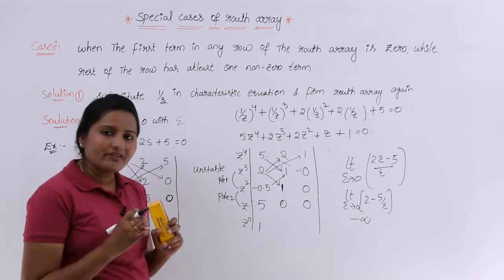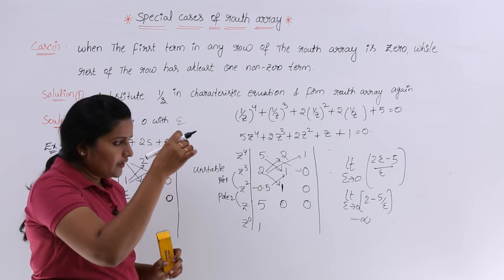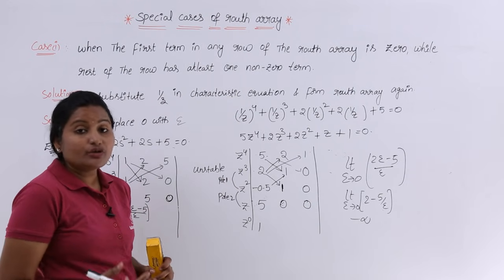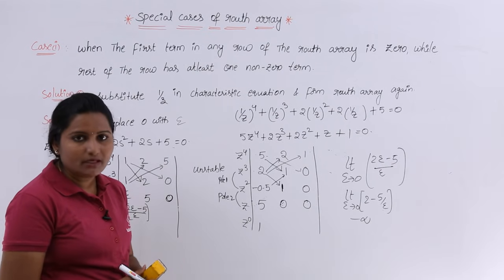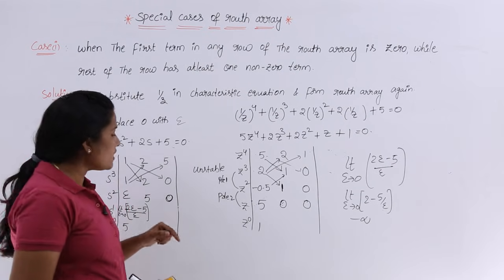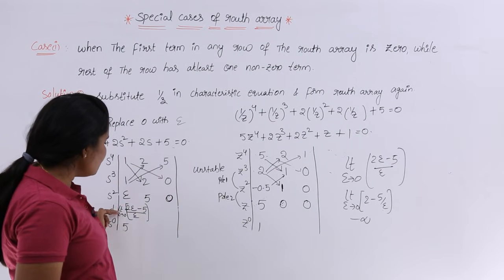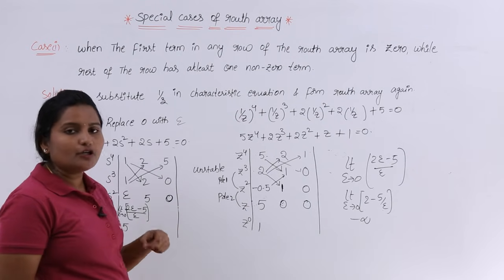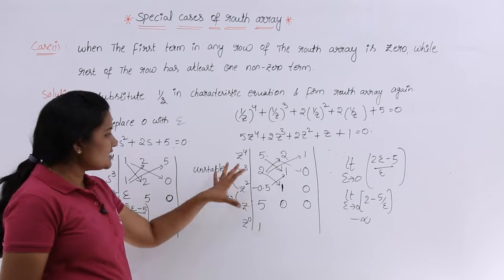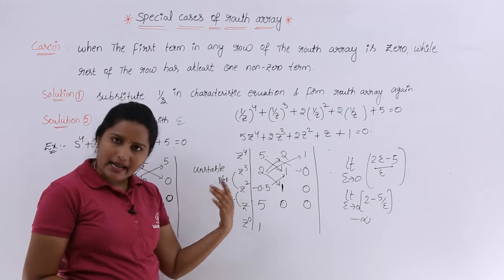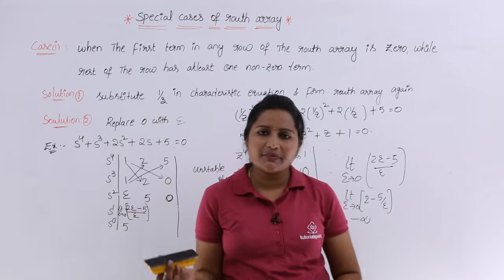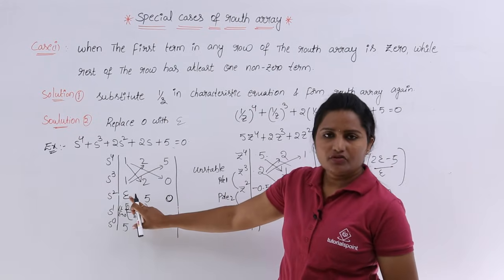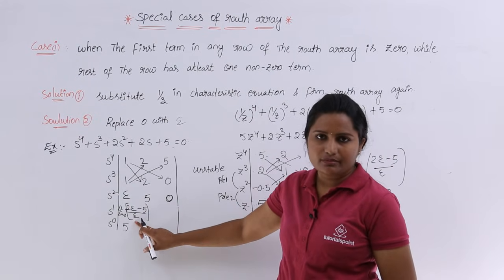Whatever it may be, if you get a negative value in the first column, then you can say the system is unstable. The number of sign changes, from here to here and here to here, one minus is there, so definitely 2 poles are there. So this 1 by z procedure is the more accurate process for this difficulty. If you want a shortcut, then go for this substitution of sigma.